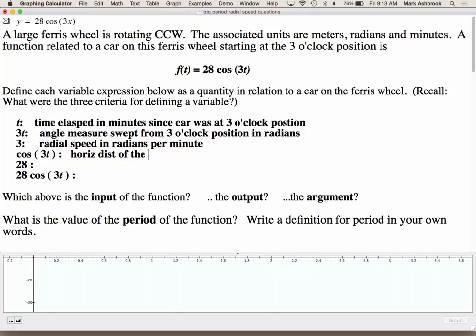We know it's horizontal distance to the right of the vertical diameter, but of what? We're going to swing an angle counterclockwise from 3 o'clock. What is it that we're measuring the horizontal distance of? Yeah, the resulting point on the circle. In this case, it would be the car, or the person in the car.